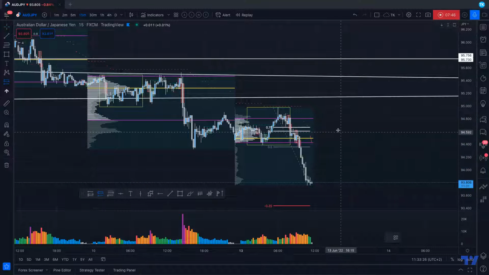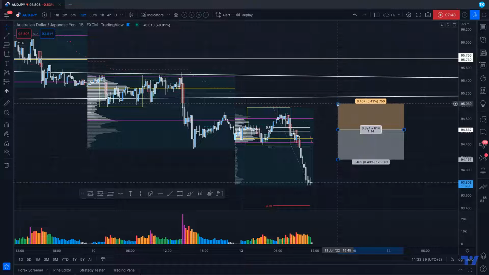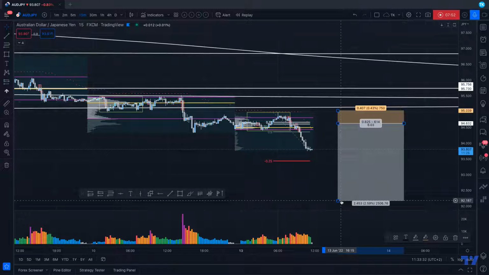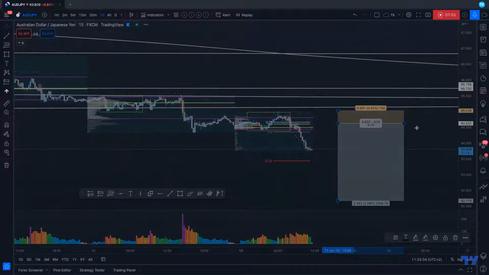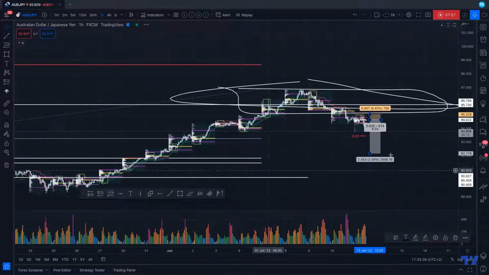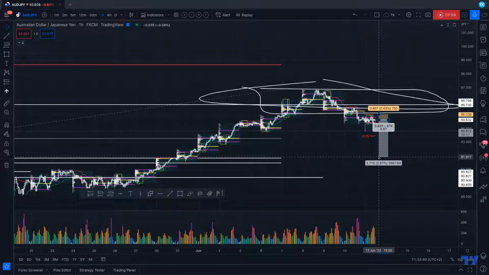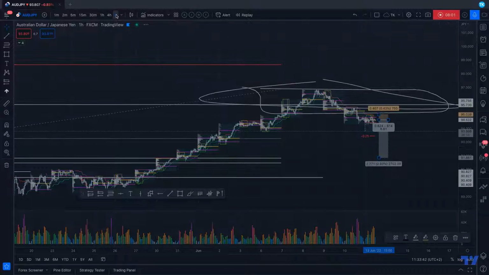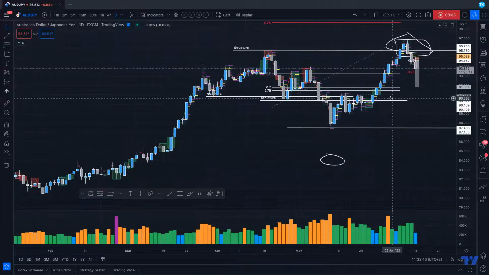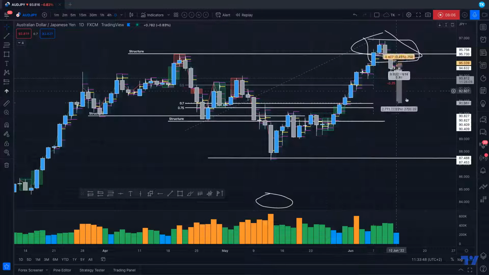So the first trade could be this one, on a short, but obviously with the target here, which is the 75 of the last impulse that we have.